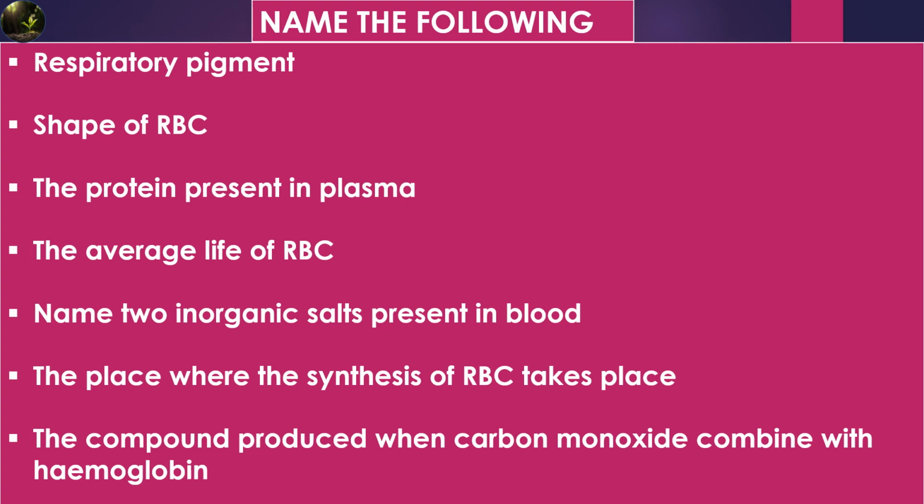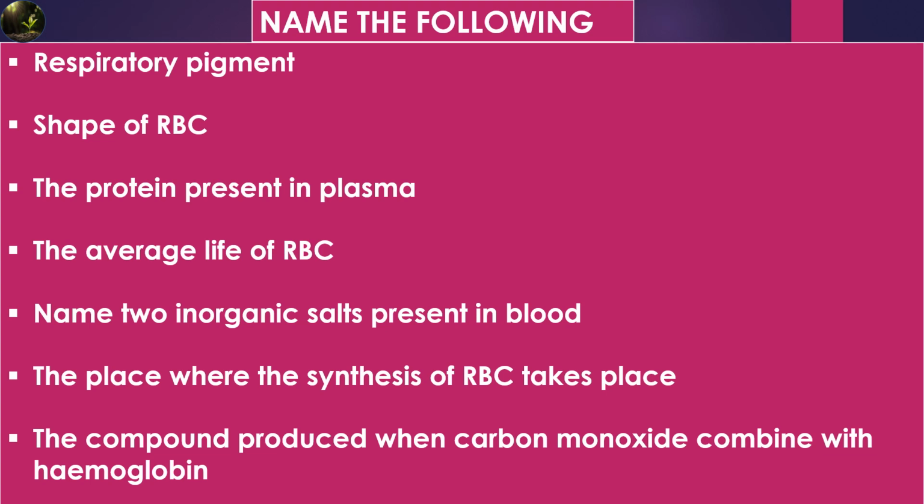Name two inorganic salts present in blood: sodium chloride and sodium bicarbonate. The place where the synthesis of RBCs takes place is the bone marrow of long bones, ribs, and the ileum or hip bones.